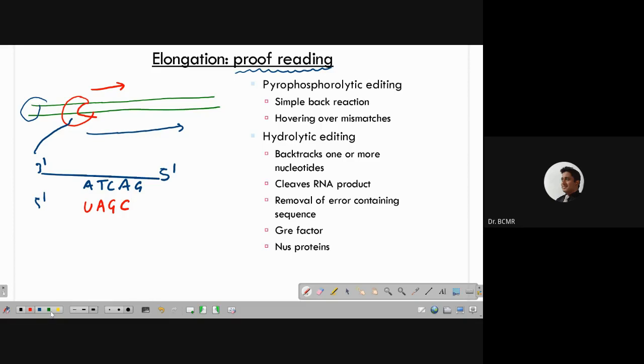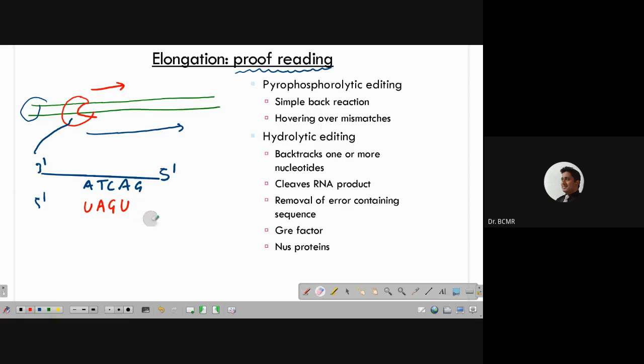It has mechanisms to recognize what the base here is and add the appropriate base in that location, while also doing it at a very fast rate. It's not the same as DNA polymerase, but it is polymerizing very fast. But sometimes it may make a mistake, and because of that mistake, now GU is a mismatch. And that is what proofreading is, its ability to correct it.